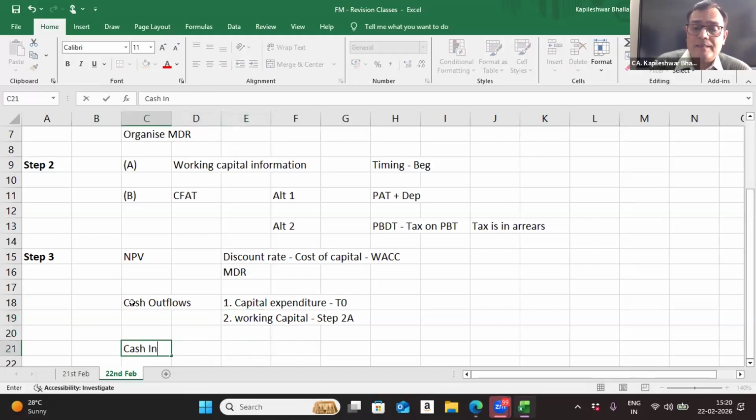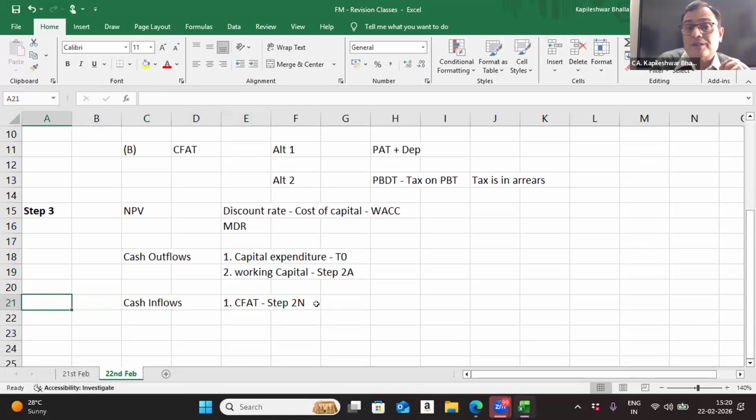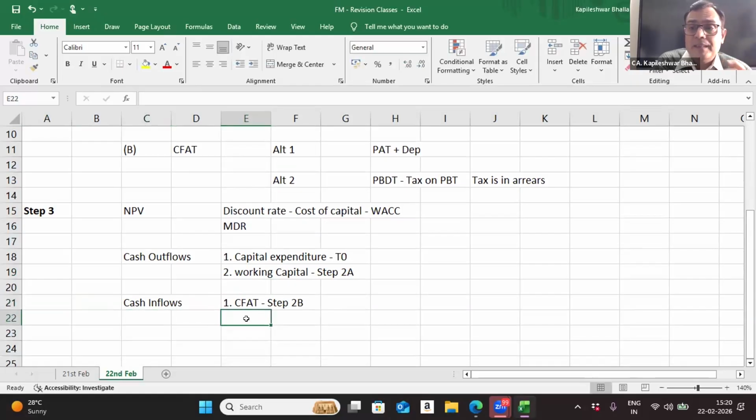Similarly, when you're going to organize the cash inflows for the NPV statement, so what are the various categories of cash inflows which you're going to consider? That's right, one is the CFAT, and the CFAT is what you've already organized in terms of step number 2B. And what is the next input? Apart from this, we're also going to consider another input as well, and that would be, you can call it, a terminal value.